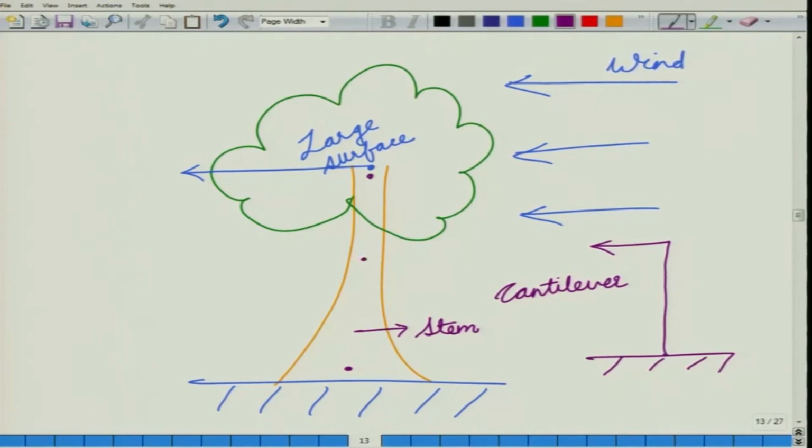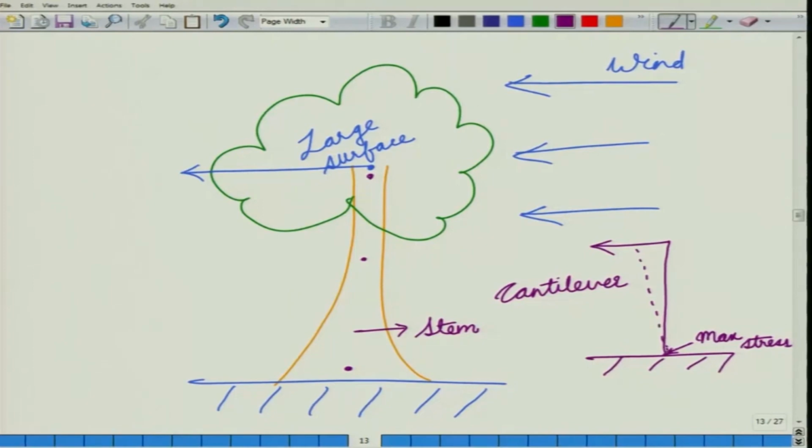Also, when this force is acting, the maximum amount of stress would be felt at this point, because this is where the force is trying to topple the tree.